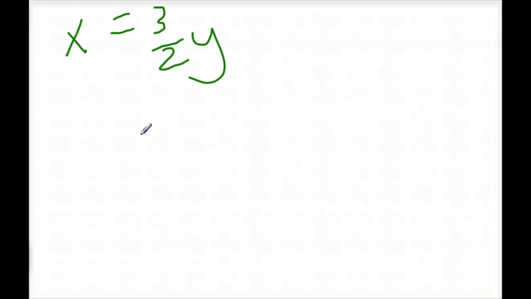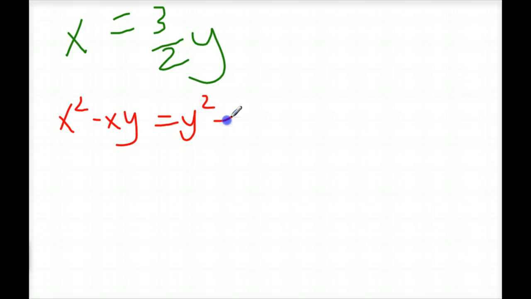And then let's actually plug this into our original equation. Our original equation says x squared minus xy equals y squared minus 1. So everywhere I see an x, I'm going to plug this in.